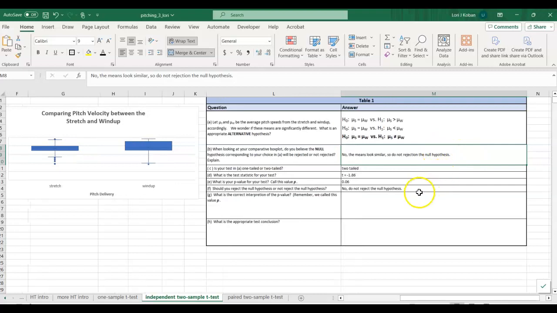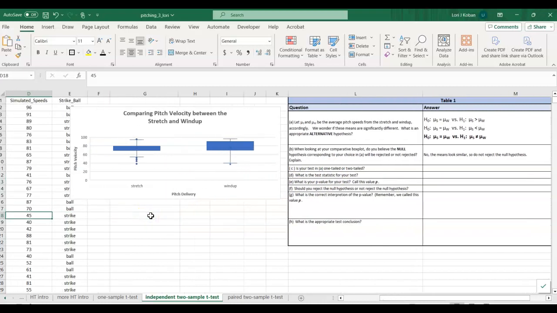So I would not reject the null hypothesis. Let's go ahead then and run the test.